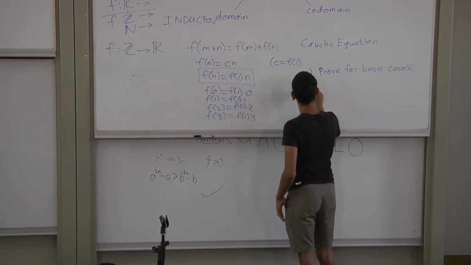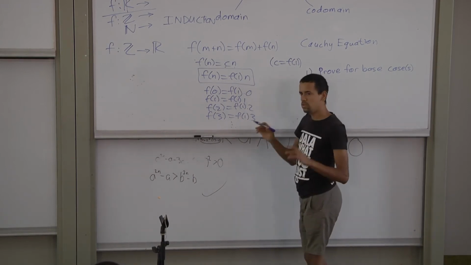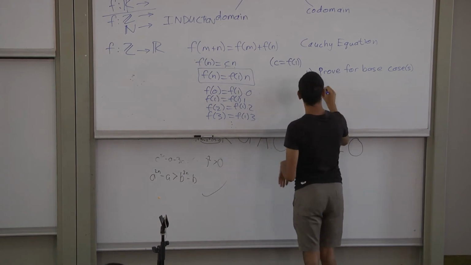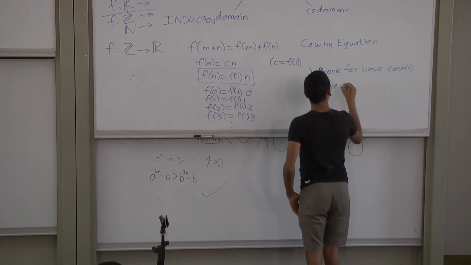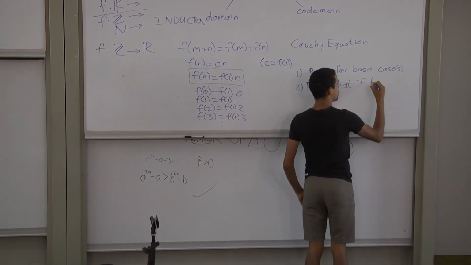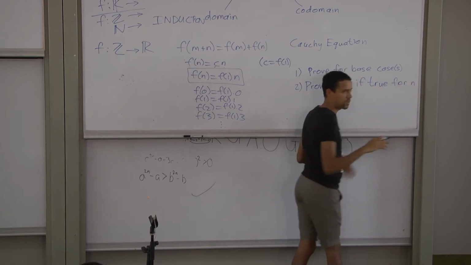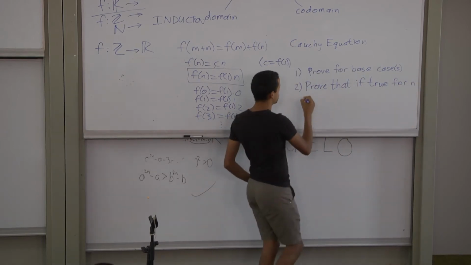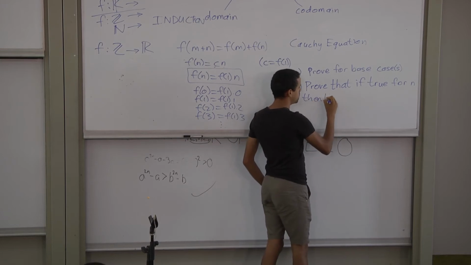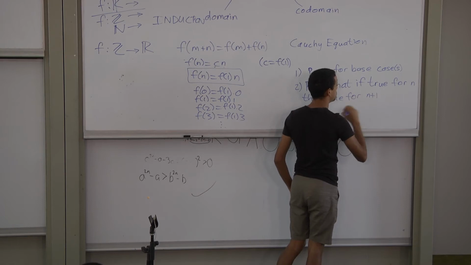And then the second part is usually the harder part. You prove that if your statement is true for some value of n, then it is also true for n plus 1.